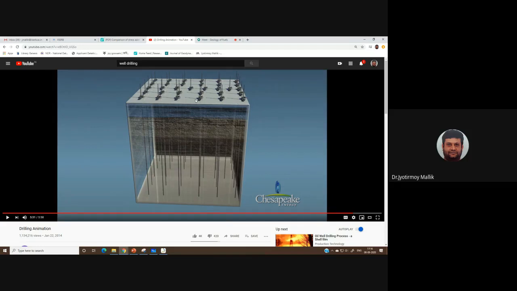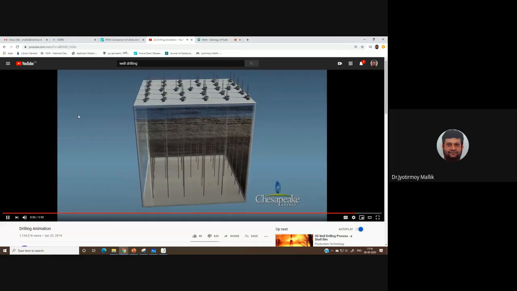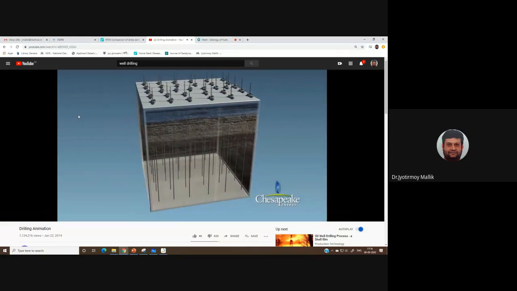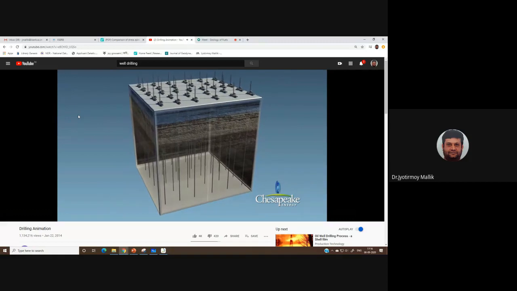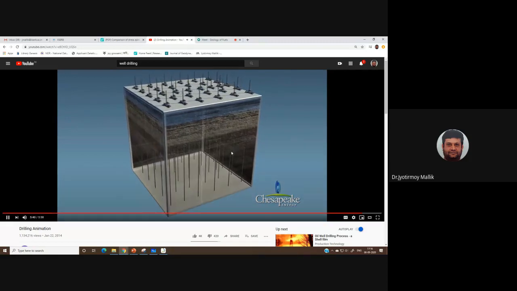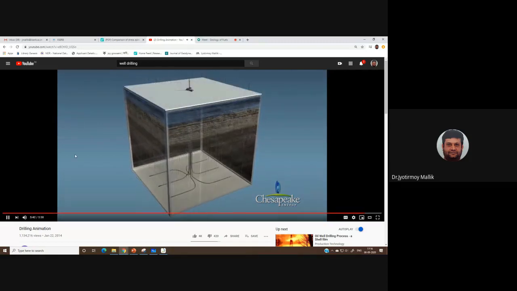Some of the wells could be exploration wells, some of the wells could be appraisal wells, and some of the wells could be production wells. In this example, you can see all of them are vertical wells, of course.